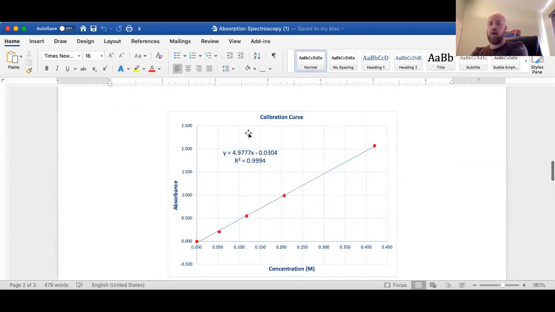We have our equation for the line, y equals mx plus b, plus an r squared value, which again tells us how linear our data set is. You would run an unknown through the instrument as well. It would record its absorbance, and so you plug that value in for y and solve for x. Just like we did for the physical properties lab.